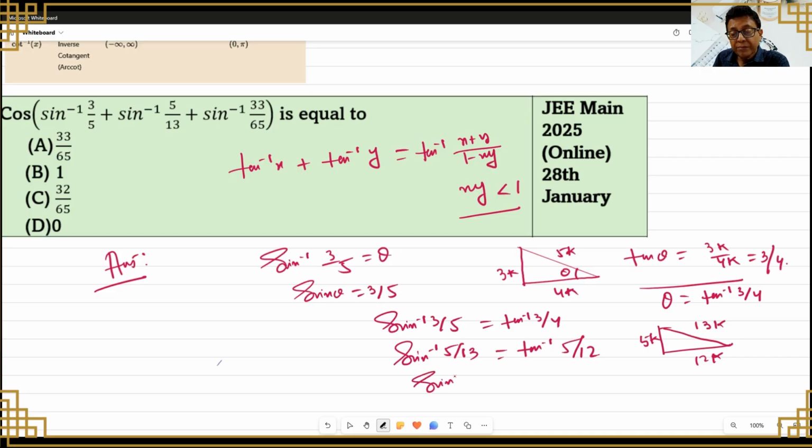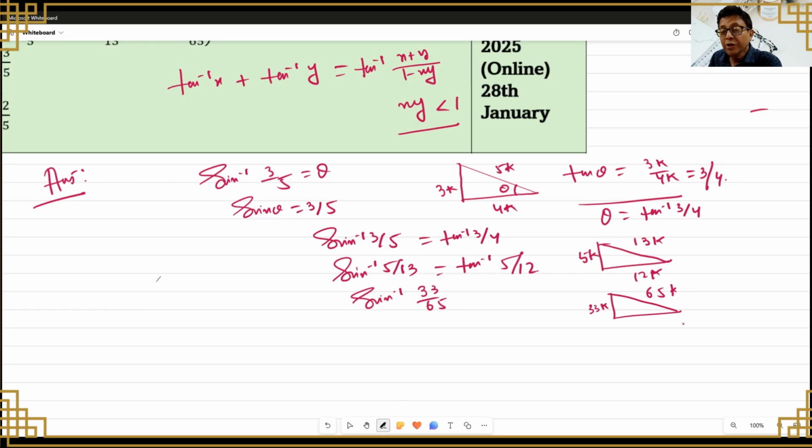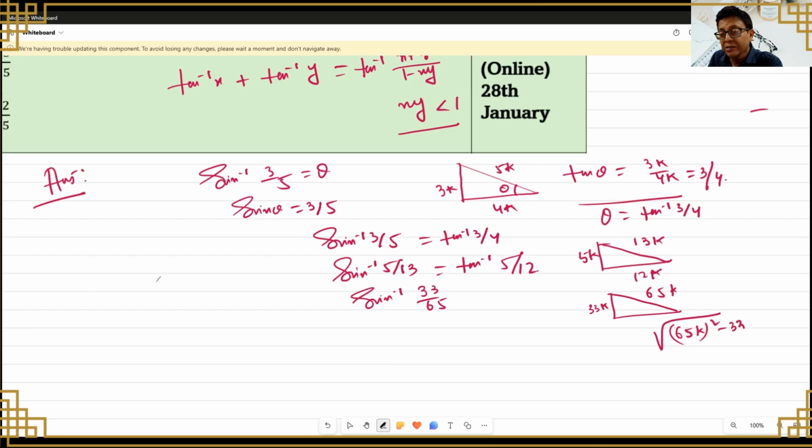And sine inverse 33 by 65. So if you have taken this one 33k, 65k, then the base is going to be what? 65k square minus 33k square.